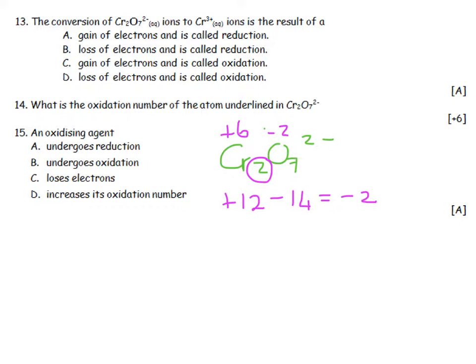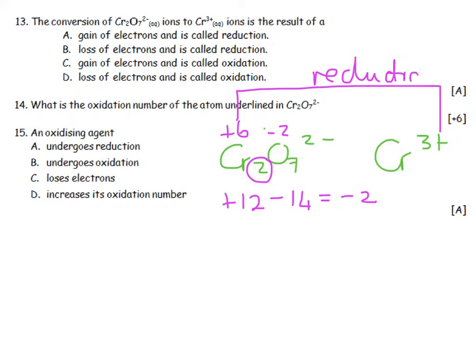So what has happened is chromium has gone from +6 to +3. That is a reduction. So we are looking for a reduction. And what is reduction? Reduction is the gaining of electrons. So my correct answer is A.